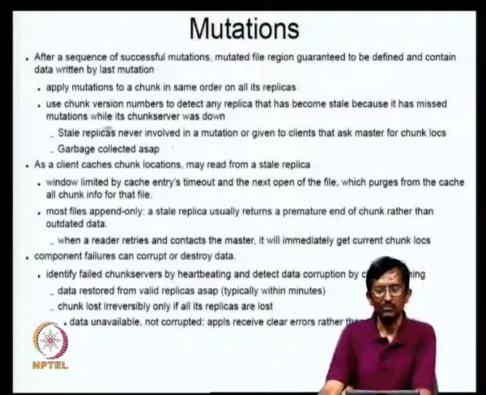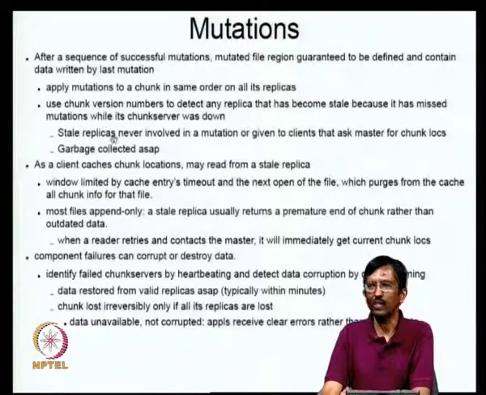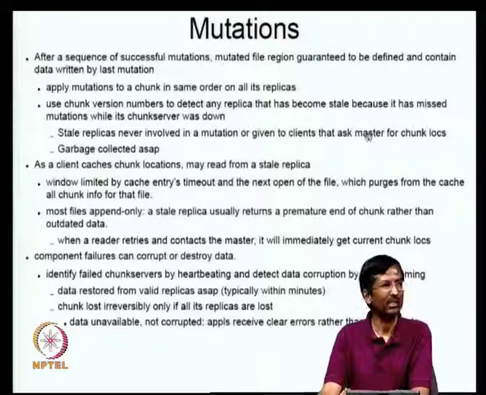So once some stale replica is there, it is never again involved in a mutation. Okay. Or given to clients that ask the master for chunk locations. That means once some replica becomes stale, the master will essentially take it off as something to be given to a client. Okay.